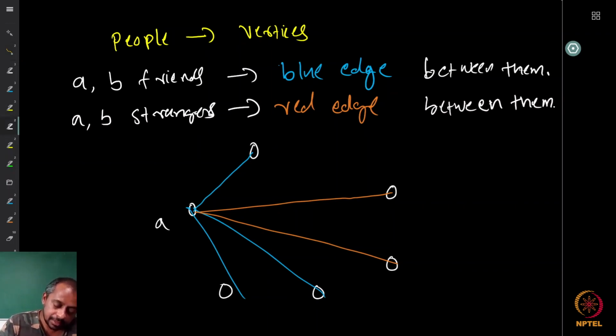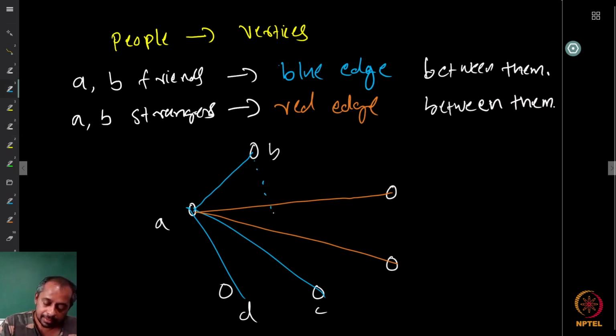This is A, this is B, this is C, and this is D. Now B, C, and D are all friends with A. If B and C are friends, then there is a blue triangle, which says that all 3 are mutual friends, which is what we wanted to prove to begin with.